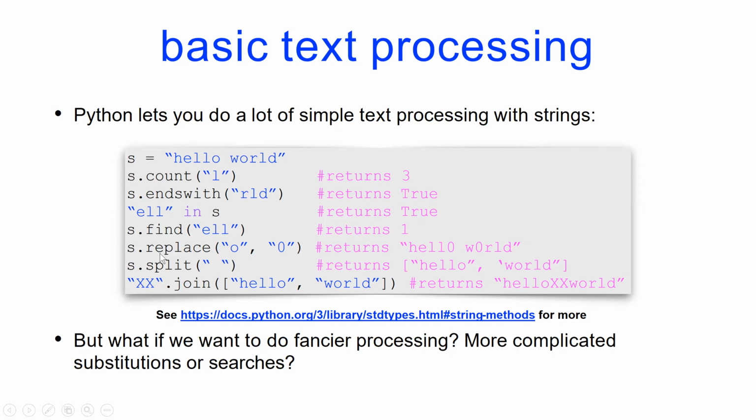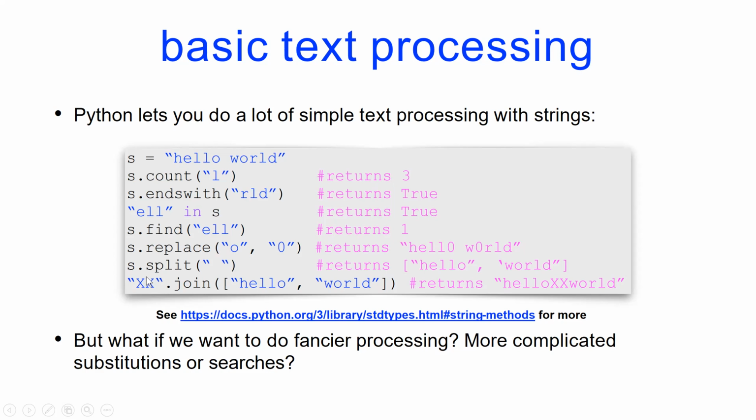And then you can say, I want to replace O with 0. You can see O will be replaced with 0. You can call split using the white space, and you will get a list. Another thing you can do is join.